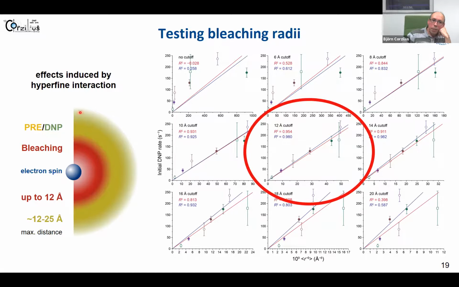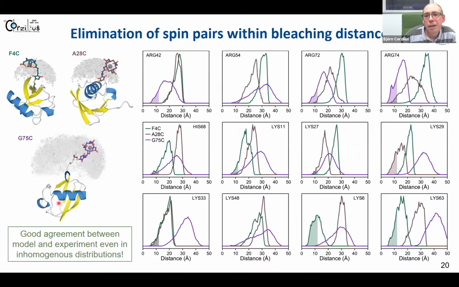However, DNP still works even if there's significant PRE, because we weight our DNP rate with the theoretical enhancement, and this is 6,500, for example, for 15N. So this works really well for the low gamma nuclei. Bleaching, in our case at least, is expected to act up to 12 angstrom, and we lose all the conformers where this pair distance extends to smaller distances than about 12 angstrom.